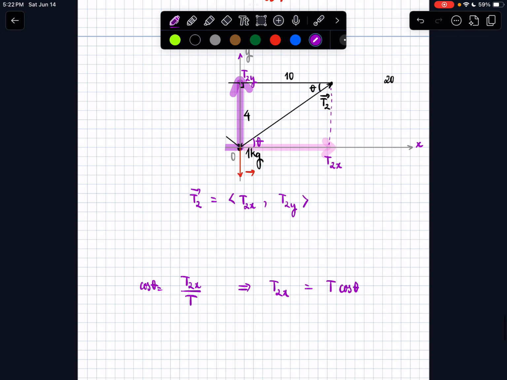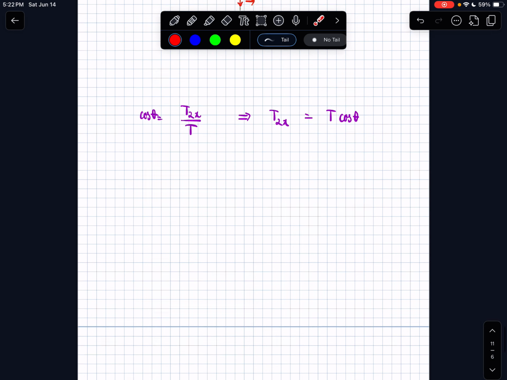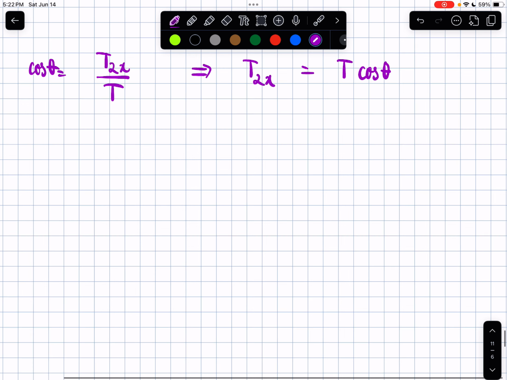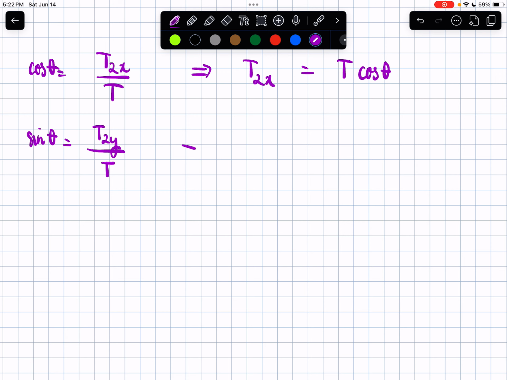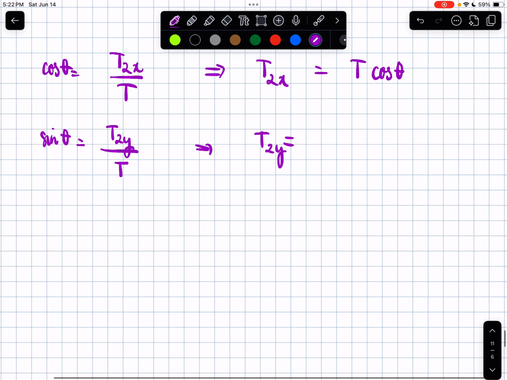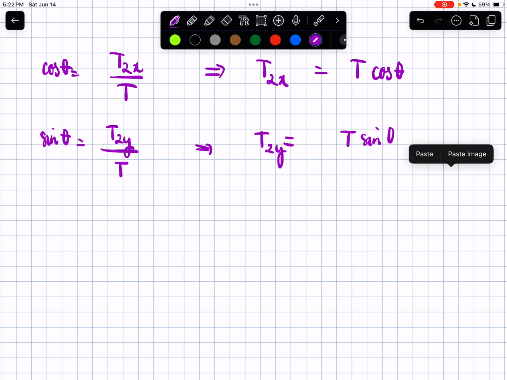Sine theta is T2y divided by T, so T2y is T sine theta.